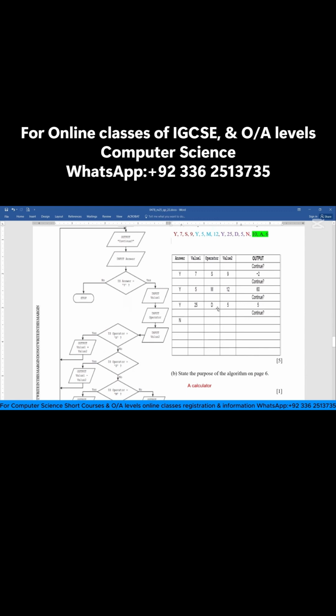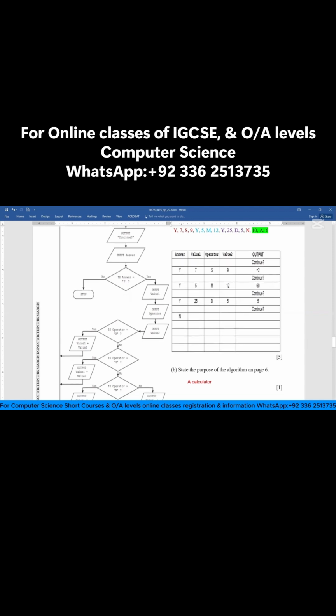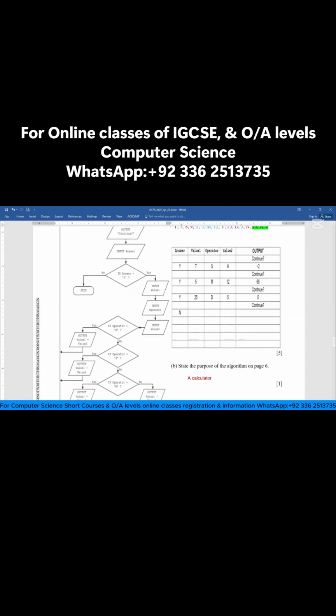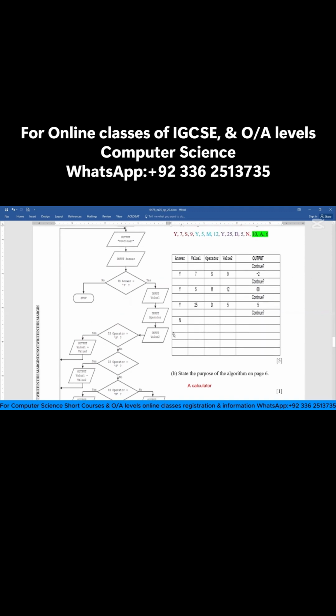Operator is not a, operator is not s, operator is not m. So it is moving to the situation here, and value 1 upon value 2. And then it will be dividing 25 by 5, and the answer is 5. And that is written here.